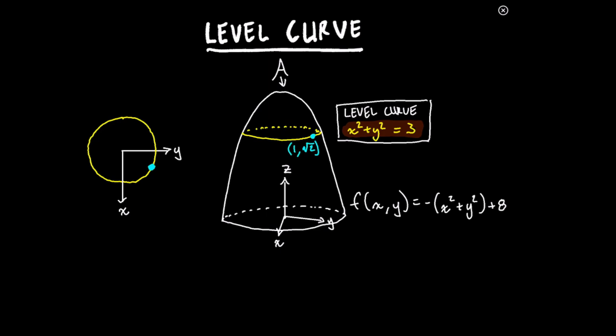Say it's about there. We got 1, square root 2. Well, a normal vector would be a vector such that it's perpendicular to the surface of the circle, right?